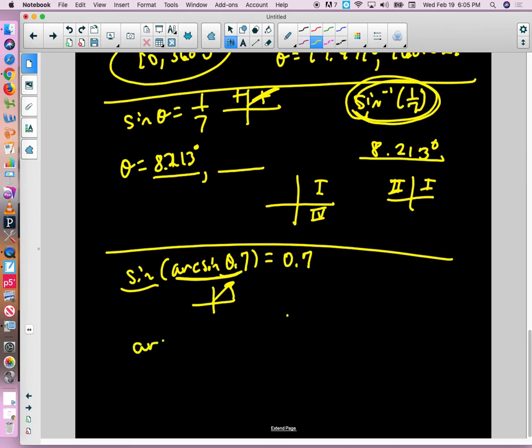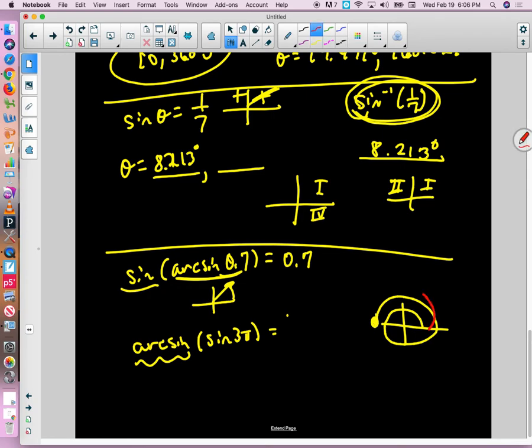What if I have this? Arc sine or inverse sine of the sine of 3 pi. Look, what's on the outside is arc sine. The answer to arc sine can't go pi to pi. It can't be 3 pi. Arc sine can only come from here or here when you fill it in. So let's work it from the inside out.